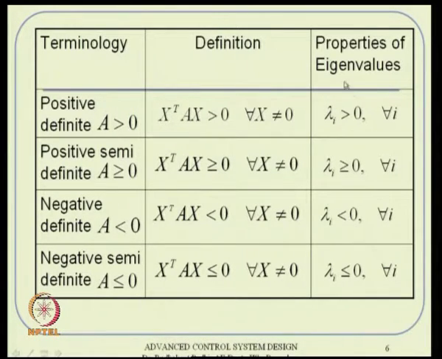But sometimes they are taken as definitions, because these are if and only if results, not one-sided. If this happens, that will happen, and if that happens, this will also happen. So sometimes the properties of eigenvalues and the definition are interchanged, but strictly speaking these are the definition and these are properties of those matrices. Just remember that.